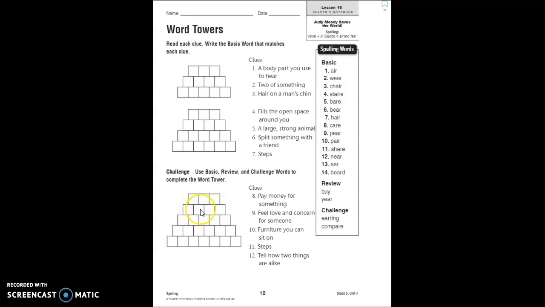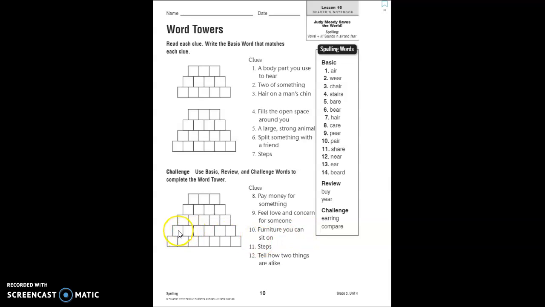Number 9. 1, 2, 3, 4 letters. It says feel love and concern for someone. And I'm going to tell you that's up in your basic words. Number 10.